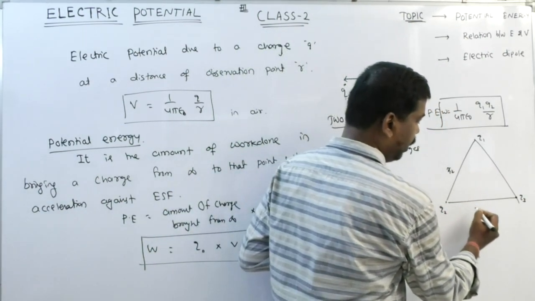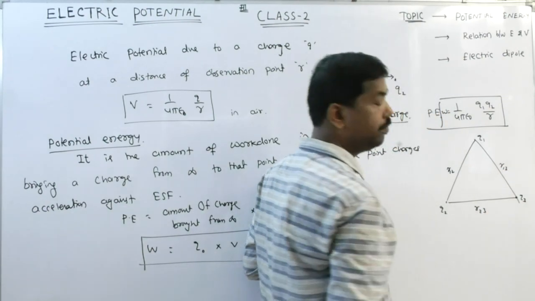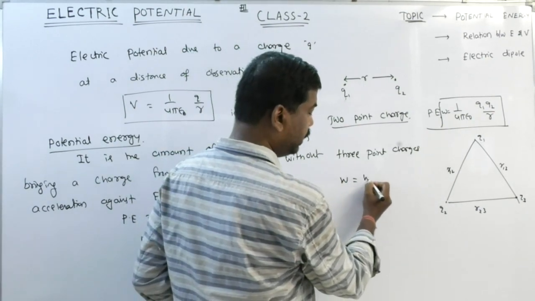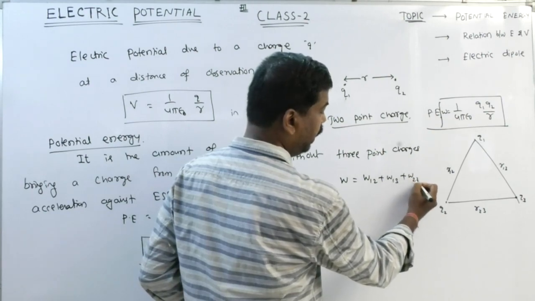Let these distances be R12, R23 and R13. Clear? Then net potential energy is equal to W12 plus W13 plus W23.